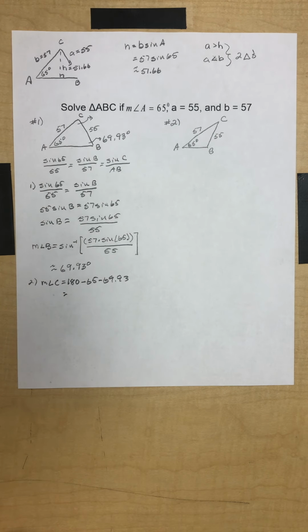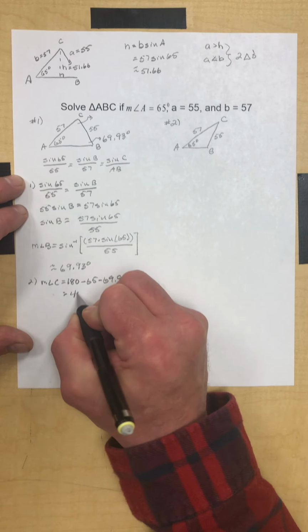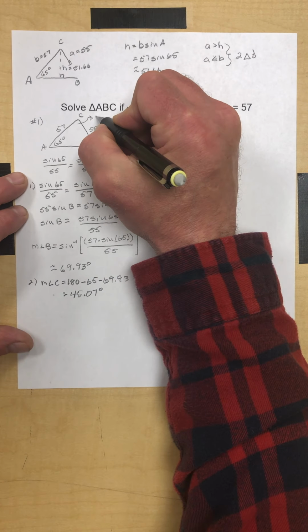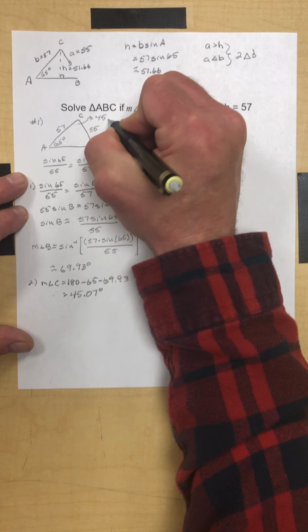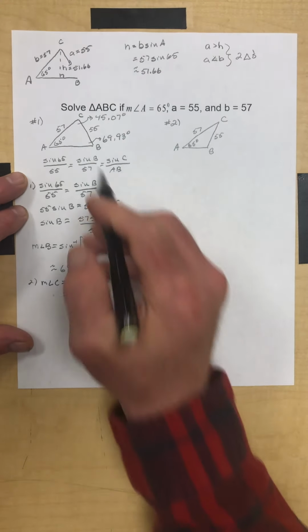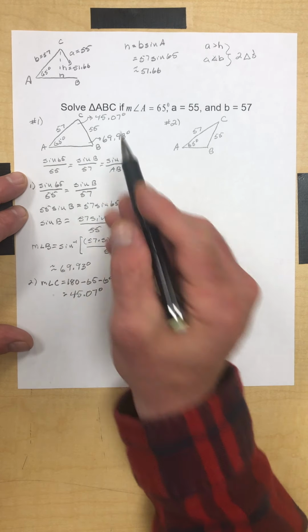Just punch that into your calculator. 180 minus 65 minus 69.93, and I'm getting 45.07 degrees. So the measure of angle C is 45.07 degrees. Now I have to find the third side.